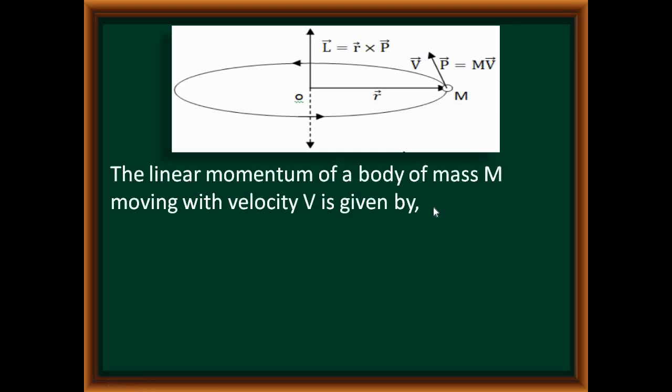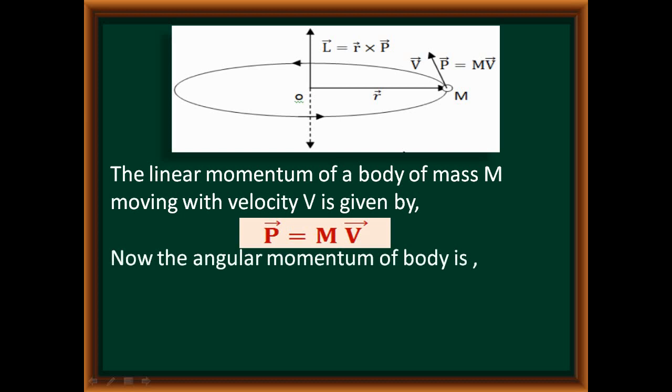The linear momentum of a body of mass m moving with the velocity v is given by vector p, that is equal to m into vector v. M is the mass and v is the linear velocity of the body. The angular momentum can be written as vector r cross vector p. P is the linear momentum and r is the moment arm. This moment arm can be seen in this diagram.